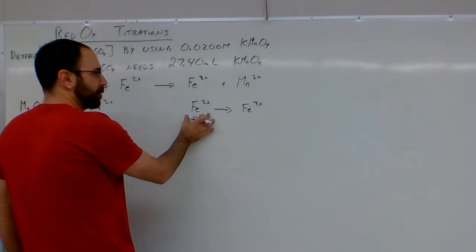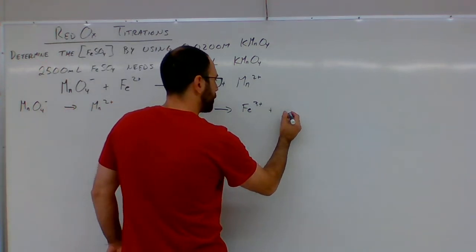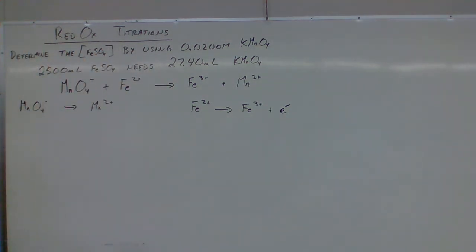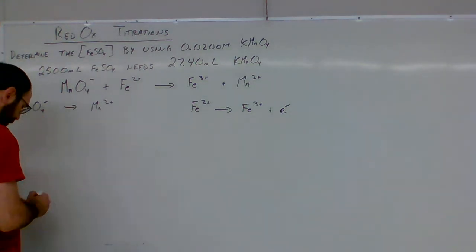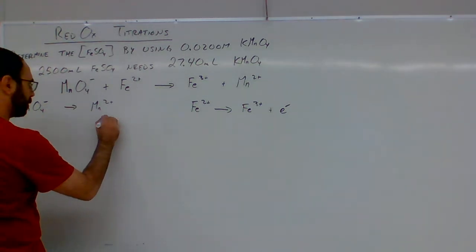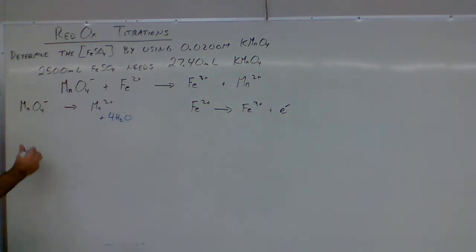To go from a 2 plus charge to a 3 plus charge, being oxidized here, we have to add in an electron being released. On this side, we've got a one-to-one on the manganese. I've got 4 oxygens, so let's add in 4 waters. I now have 8 hydrogens, so let's add in 8 hydrogens.